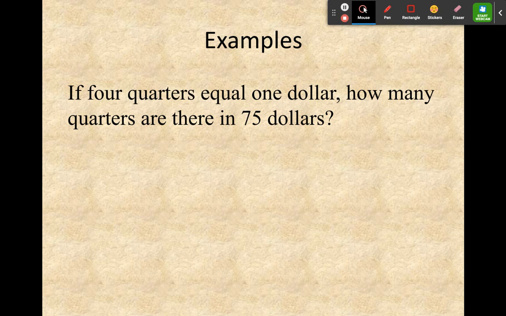Okay, we're going to do another example. So if 4 quarters equal $1, how many quarters are there in $75? So what's my given in this one? $75. Very good.